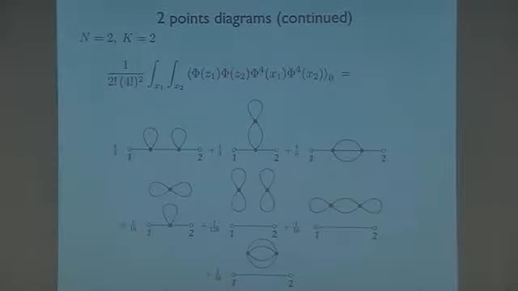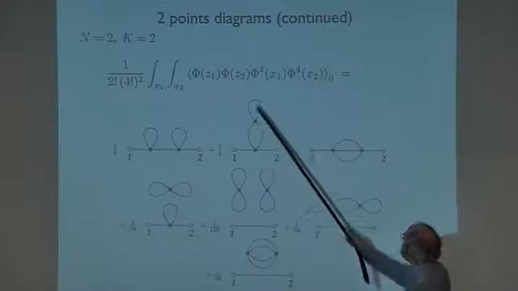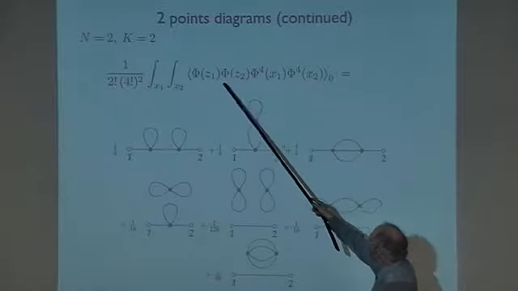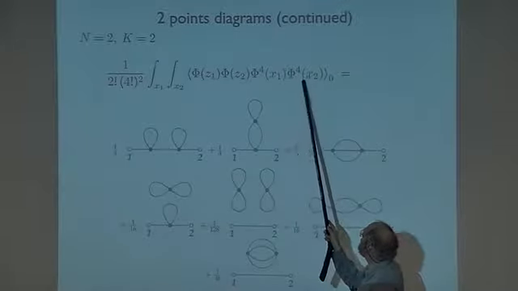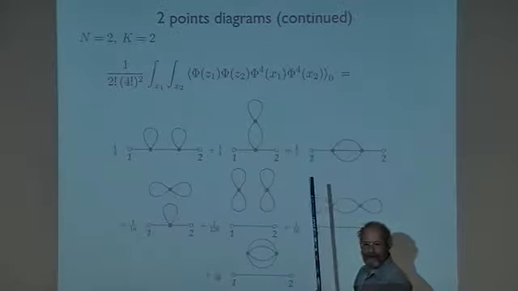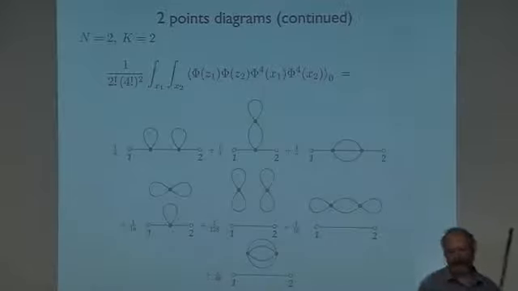And if you don't see exactly how you get this, just think about all the contractions you may build out of, in fact, 10 phi operators, but grouped. Some of the operators are located at the same internal vertex, at the same point, which simplifies combinatorics.